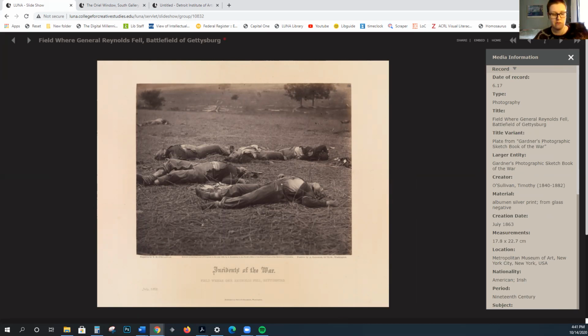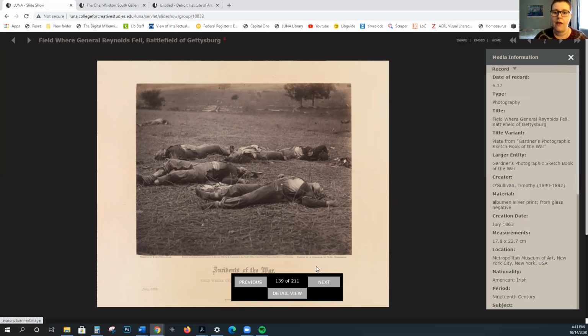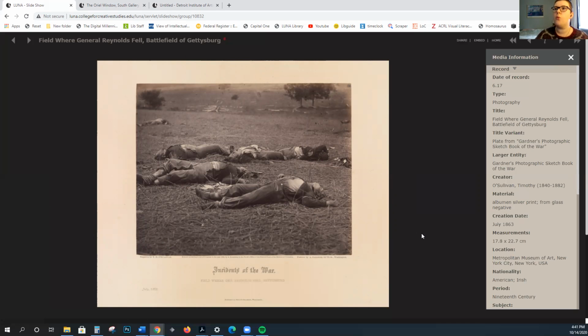This is the 1860s, and you still can't capture actual battles because of the long exposure time, but you can capture the aftermath of the battles. And viewers are understanding that what they're seeing is what the photographer would have seen on the field rather than a completely accurate depiction of how soldiers fell.